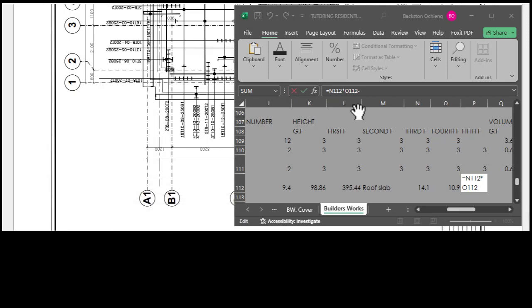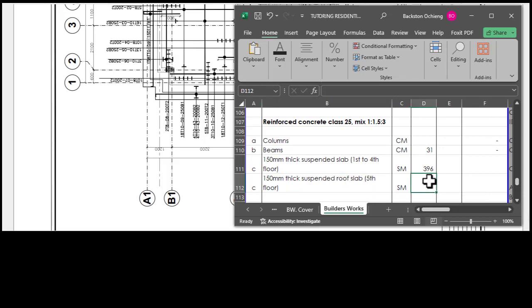So when we subtract that, let's just copy what we have, copy it here, and of course we have to bracket it so that all of them are mathematically correct without an error. So that is what we get for the 5th floor slab, 135. So we indicate here the quantity 135 square meters.